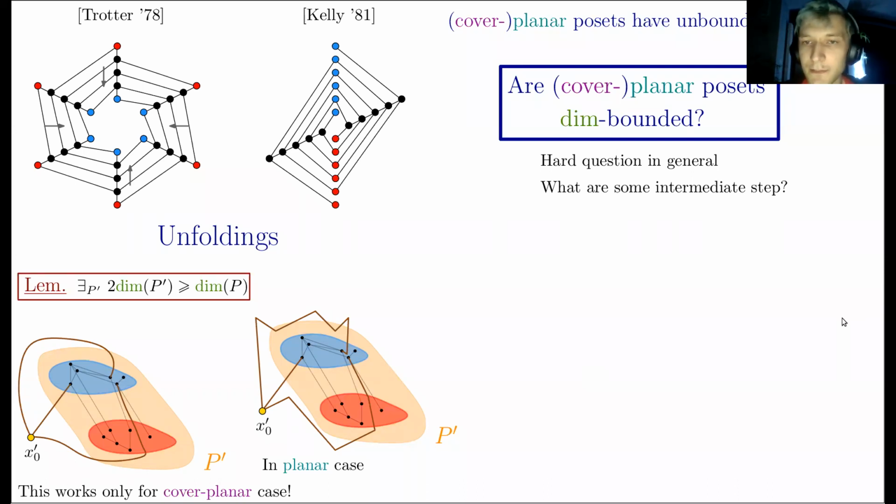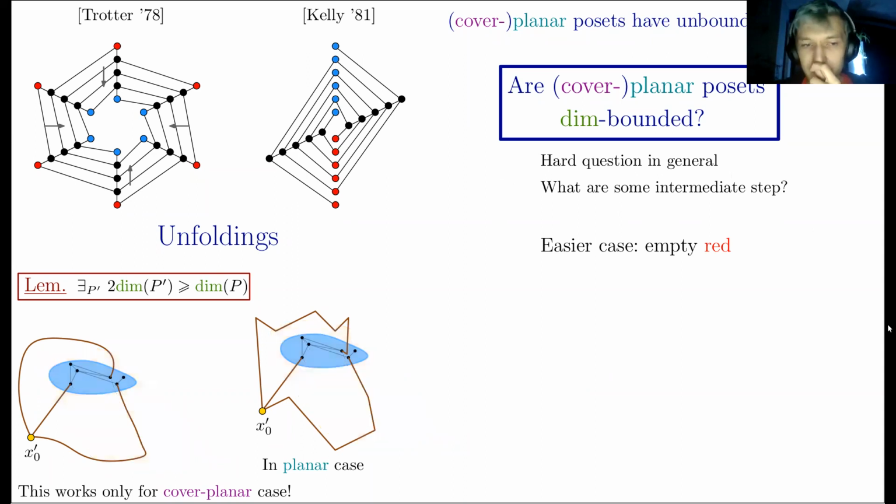But let's move back to the question which I started with. What are these intermediate steps? Obviously the easier case is when this red is empty. So let's forget about the red and focus on the case where the red is empty. Then what happens?